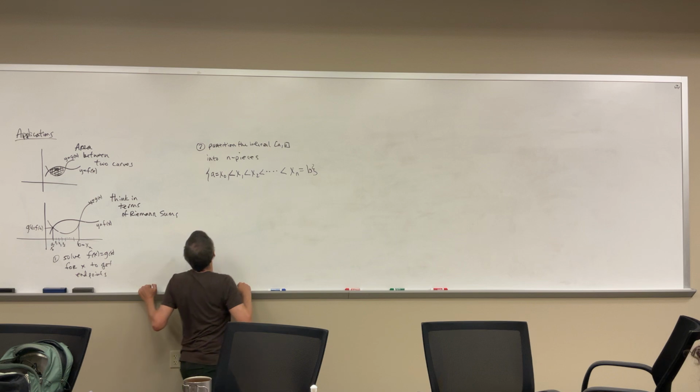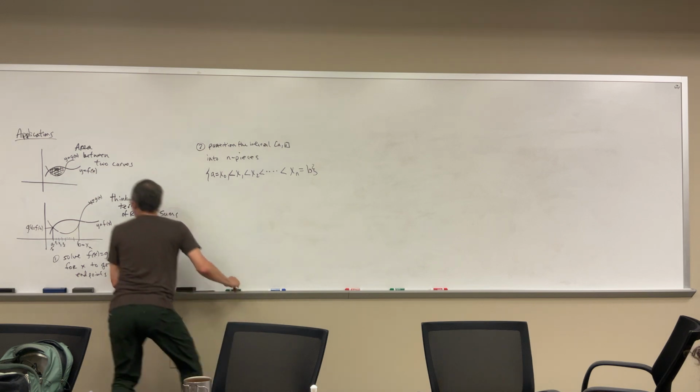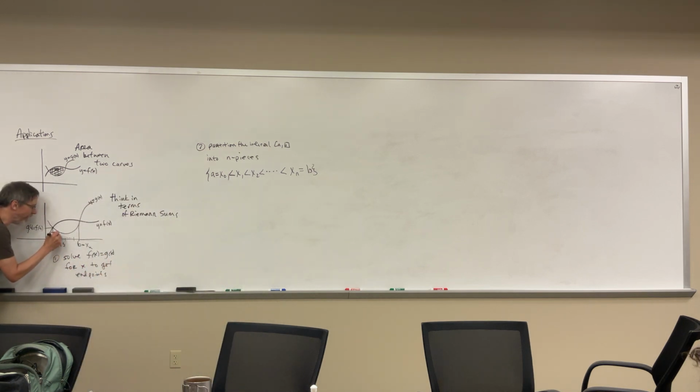And then the next step is, what I want to do is make a rectangle above each of those little slices, and I'm going to add up the area of the rectangles to get an approximation. So I need to figure out how high my rectangle would be. Inside each one of these, I'm going to pick any point I want.